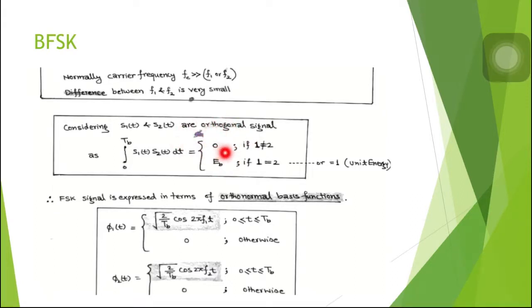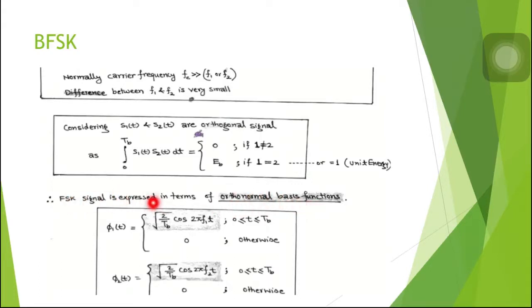We will get 0 when i is not equal to j, that is, when the two signals are not the same. If the signals are the same, we will get EB as the answer, or 1 in the case of unit energy. That's it.